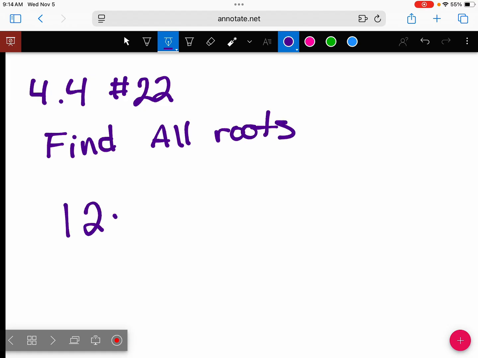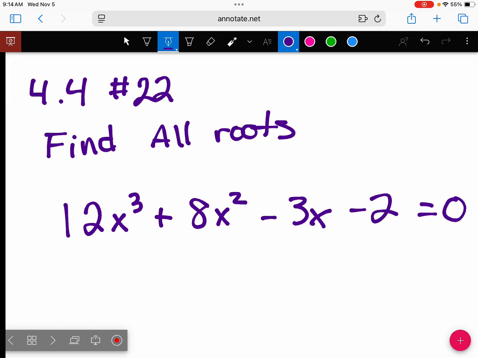It was the 12x cubed plus 8x squared minus 3x minus 2 equals 0. And we are asked to find all of our roots.